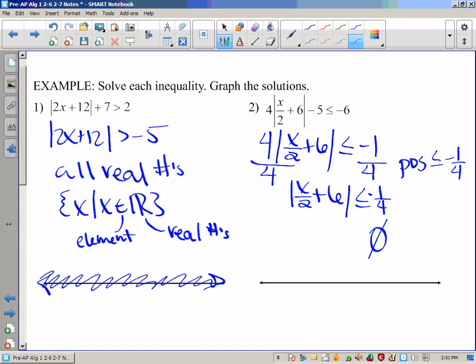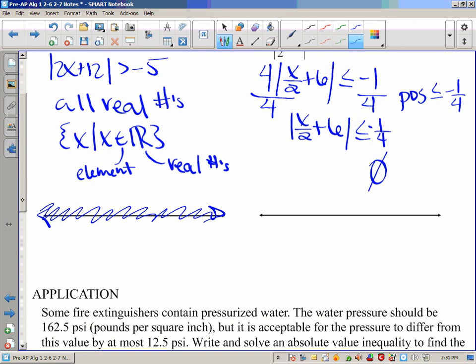You get more into this notation in upper levels of math, so it's important that perhaps you see it. If you're writing a solution and it's all real numbers, you can write it this way. Now, it may not seem like it's quicker, but it's up to you. But if it says write your answer in set builder notation or set notation, then you would need to write it this way.